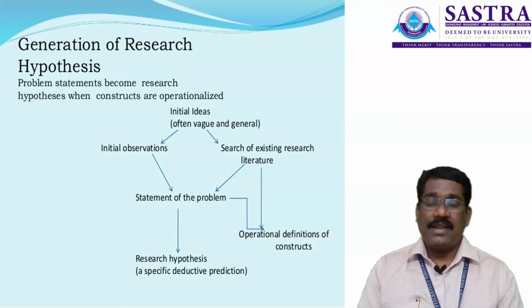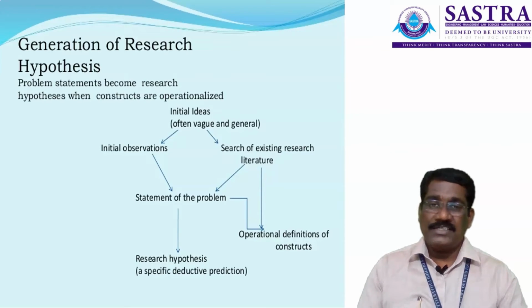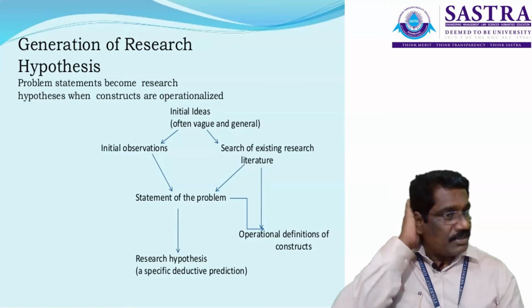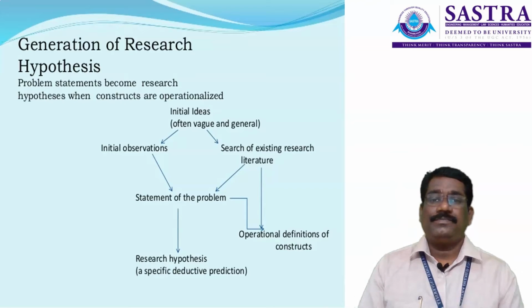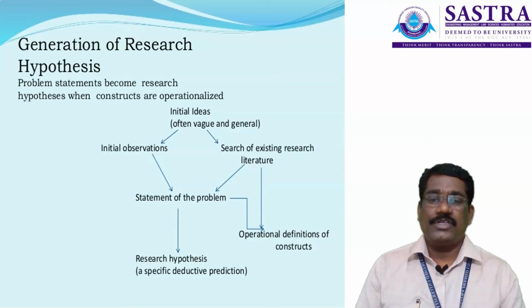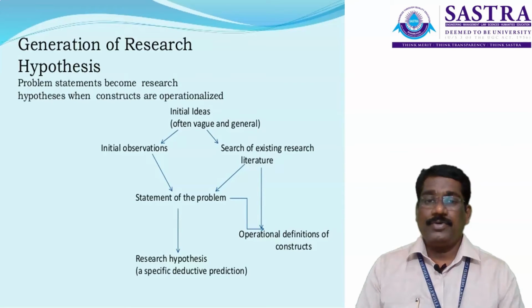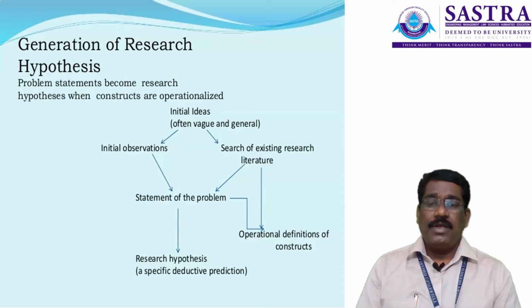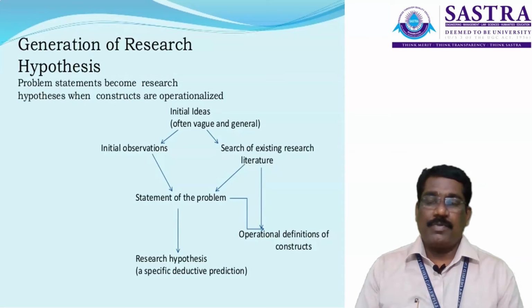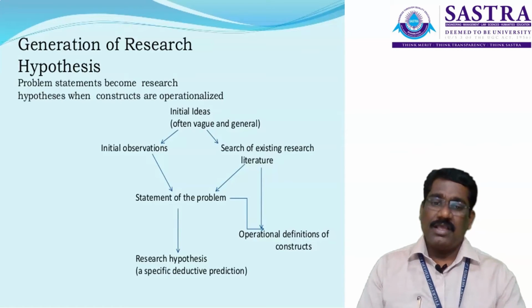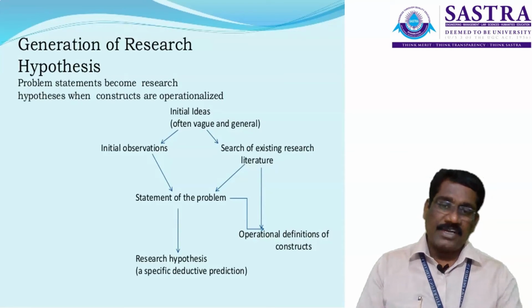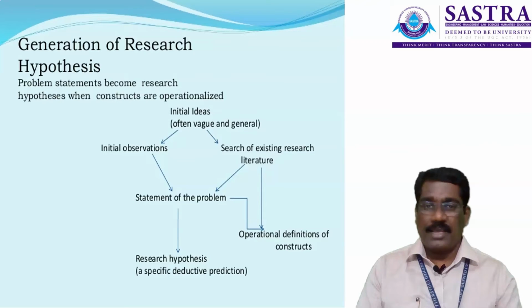And finally, once you understand, after the synthesis process, the possible variables and factors associated with the research problem, you try to develop a statement of the problem. Once you develop the statement of the problem with the appropriate research objective and research question, you try to operationalize the definition of the construct.